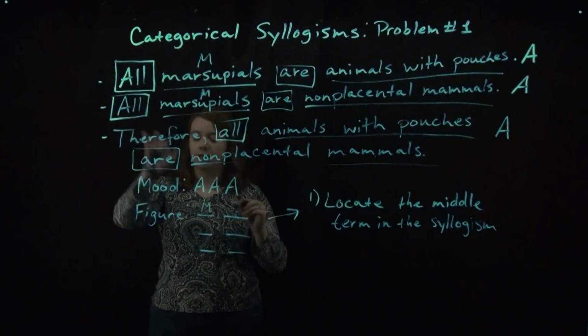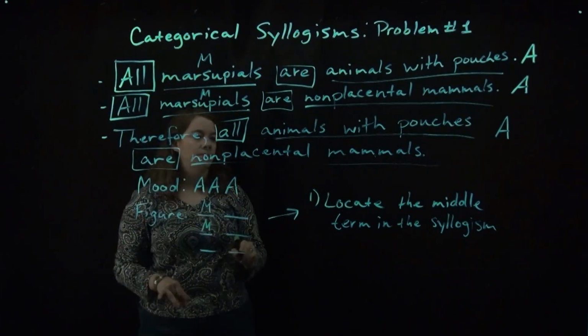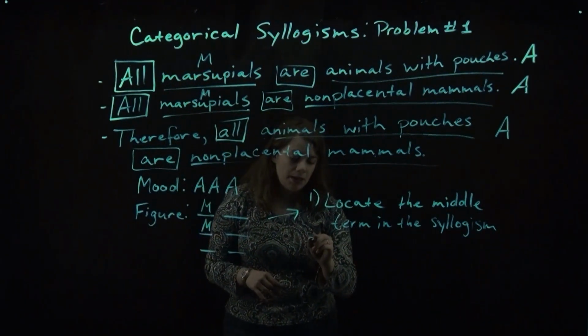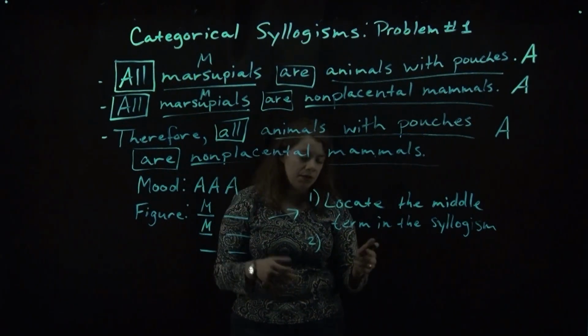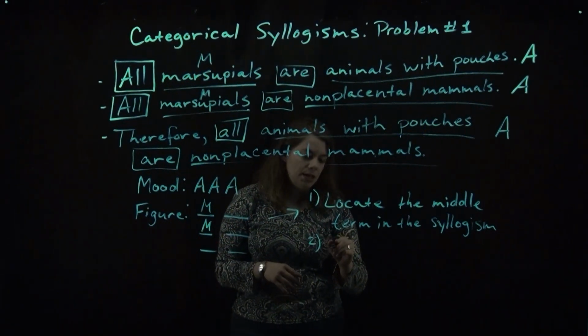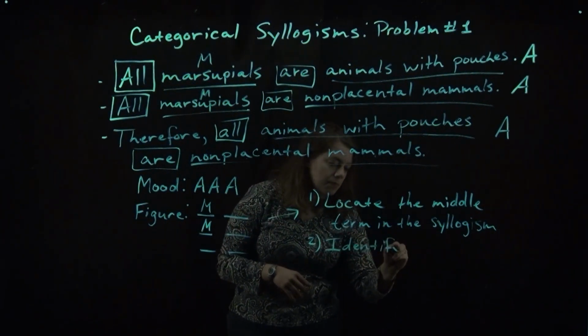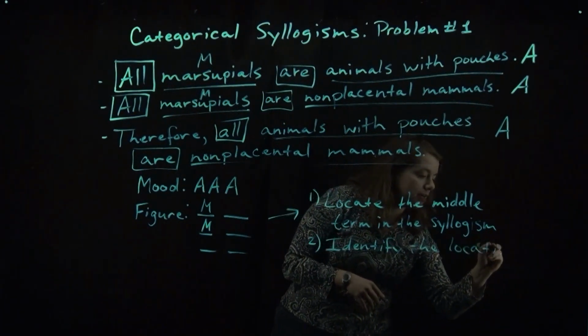And also in the second premise, for this line here, we'll say that the middle term also comes first. All right. So the second thing we'll need to do in order to figure out the figure of the syllogism is to identify the location of the subject and predicate terms.